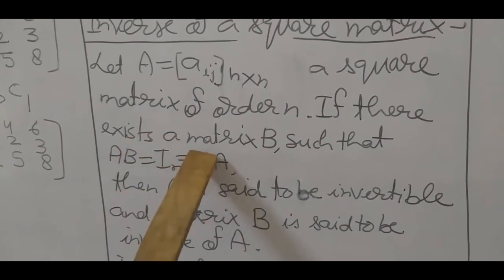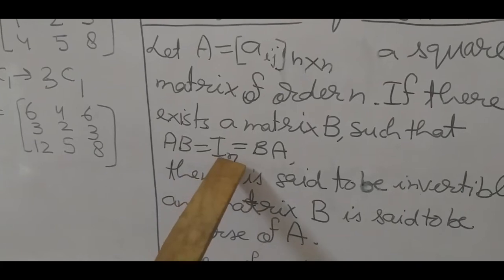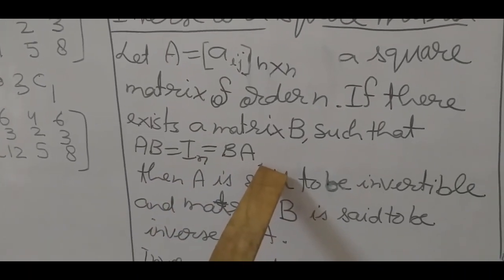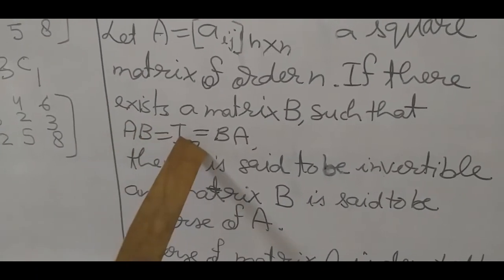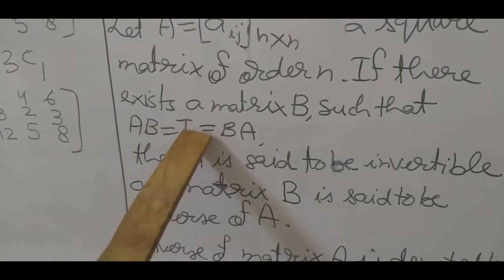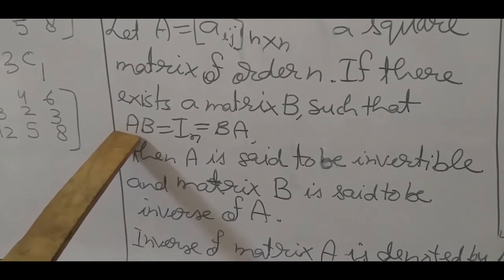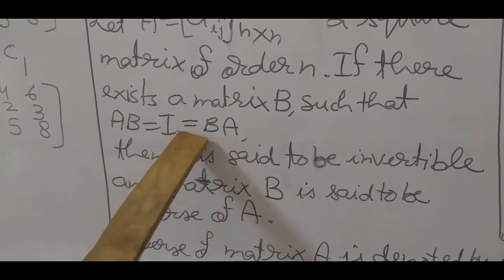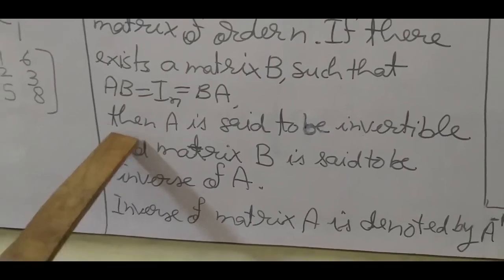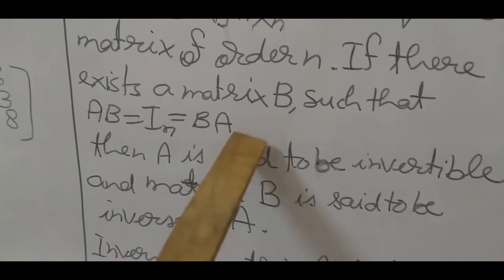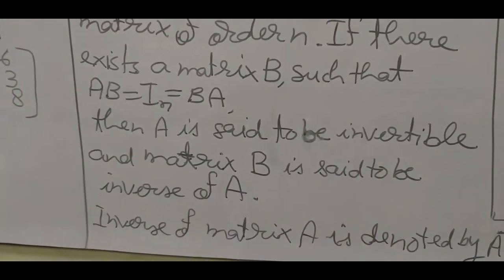If there exists another matrix B such that AB equals I equals BA, okay students, AB equals I, that is, A multiplied by B gives us the identity matrix, then B is called the inverse of A. So AB equals I or BA equals I, then B is called the inverse of A. So students, if AB equals I equals BA, then A is said to be invertible and matrix B is said to be the inverse of A.